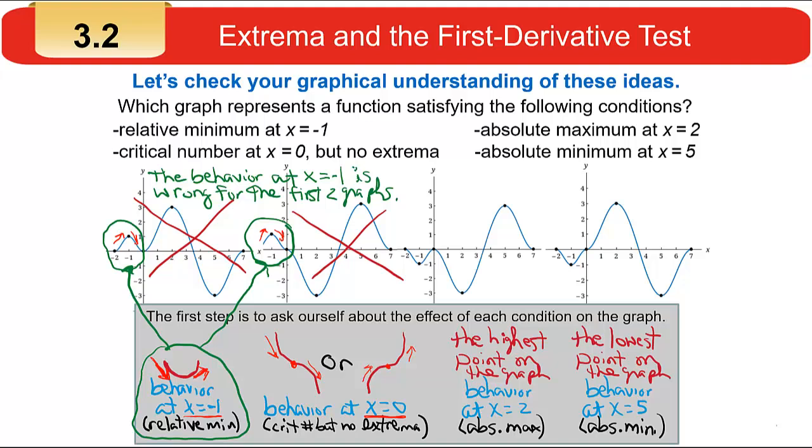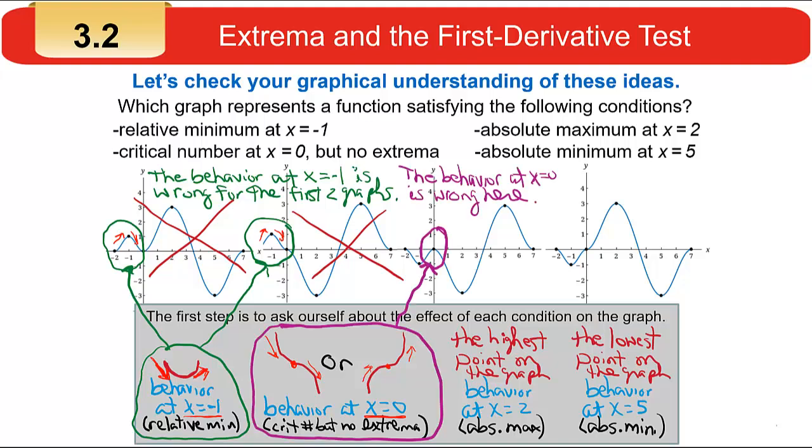We'll keep moving along. If you look at the x equals 0, it's supposed to be either down, down, or up, up. But if you look at the third graph, around 0, remember we're looking at around 0, it goes up followed by down. That's wrong. It's not supposed to do that at 0, so that knocks out the third possibility.